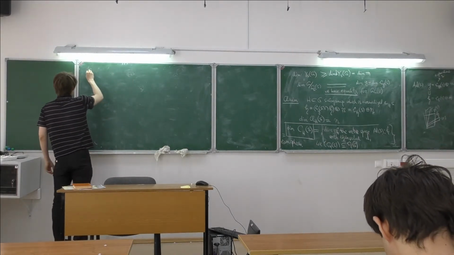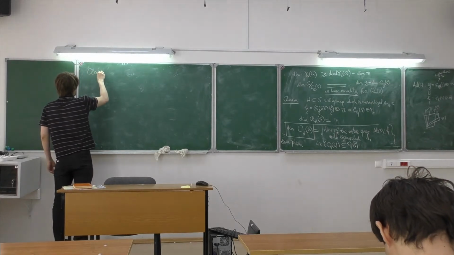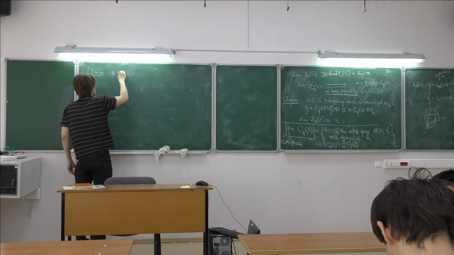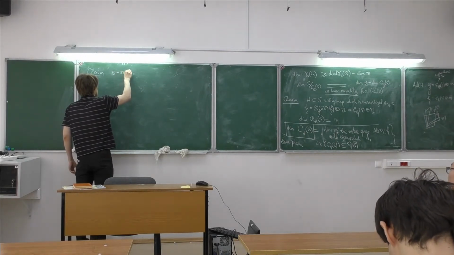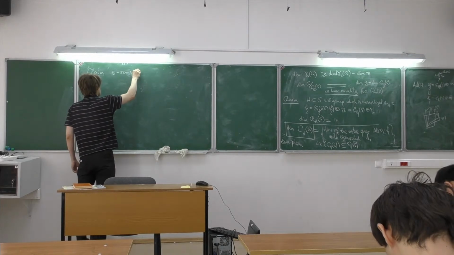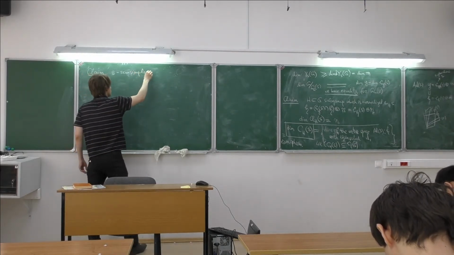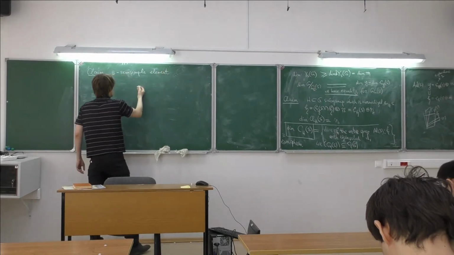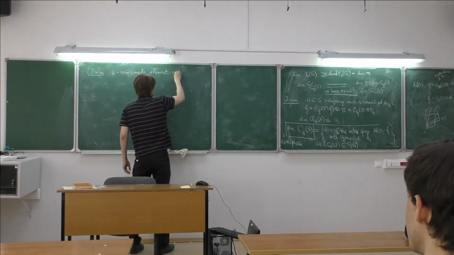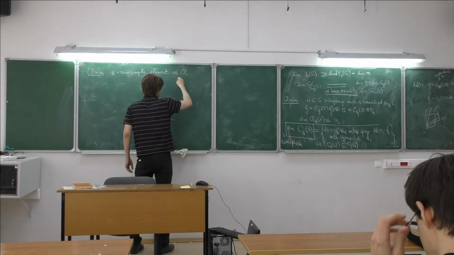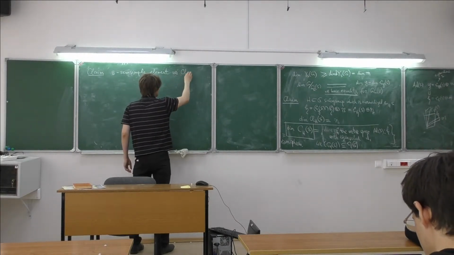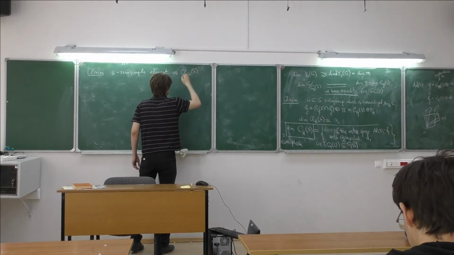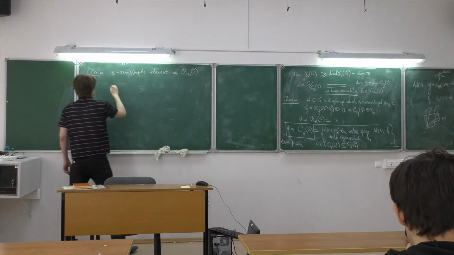So, claim: if S is a semi-simple element, then its orbit is closed. Yeah, so that the set is closed.